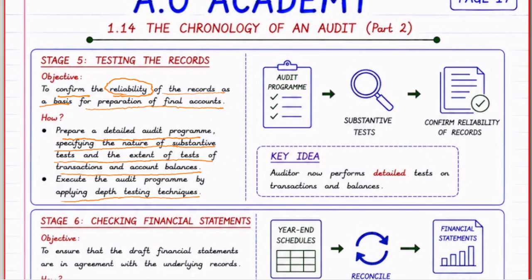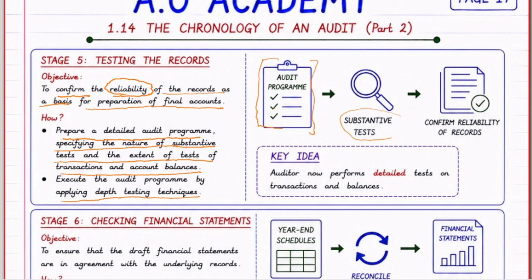What this is talking about is conducting a substantive test on the records. And what do we mean by audit program? This is what we are going to do.